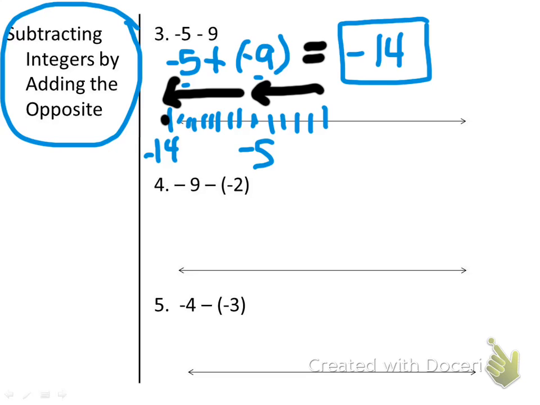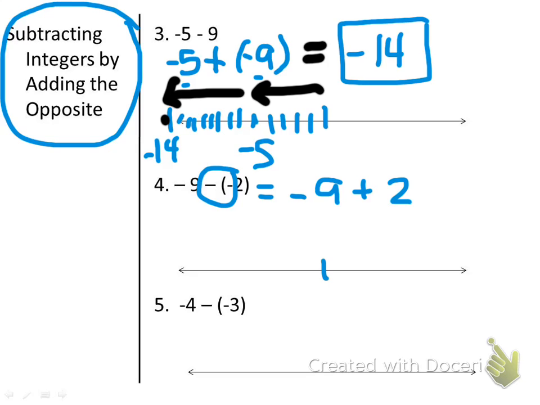Now number 4 is different. We have a -9 minus a -2. Whenever we see two negative signs beside each other, that becomes a positive. So in your notes, make sure you write -9 plus 2. When two negative signs are beside each other, adding the opposite creates a positive sign.